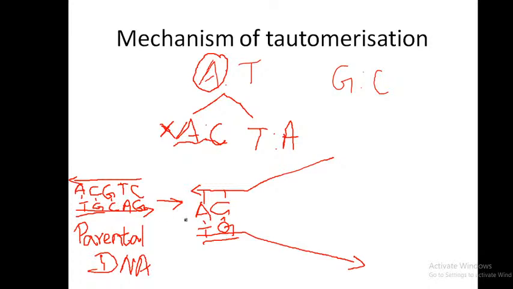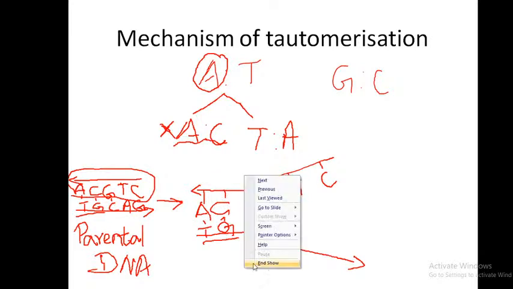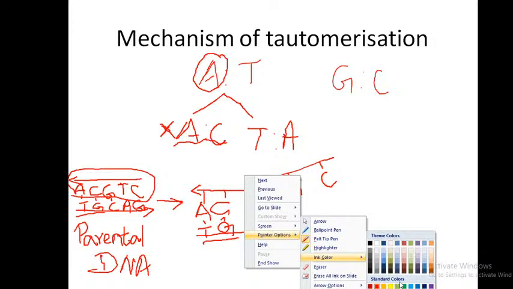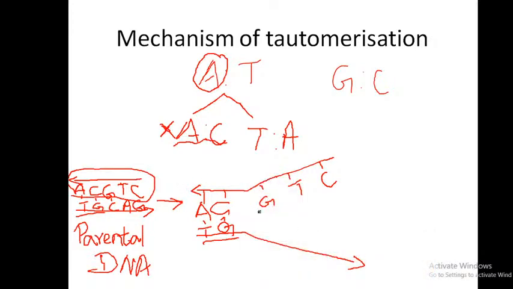Here a tautomeric shift has happened to G. Here it is G, then here it is T, and here it is C. This is the sequence of this part: A, C, G, T and C. And just imagine a tautomeric shift has happened to G.